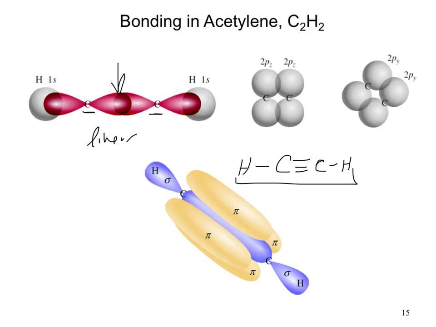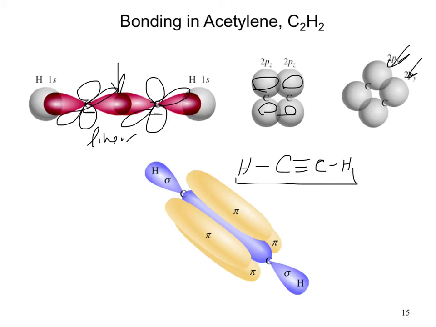That leaves two p's to be above and below the bond axis, and then also two p orbitals to be to the side of the bond axis. So what you get is this pi bond overlap both above and below and to the sides.